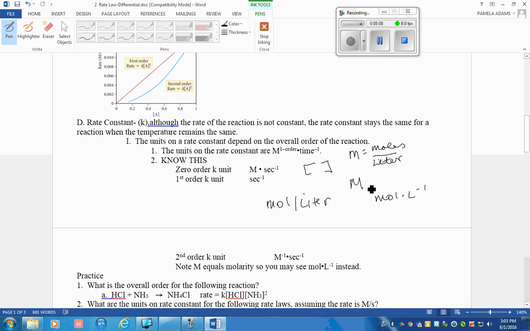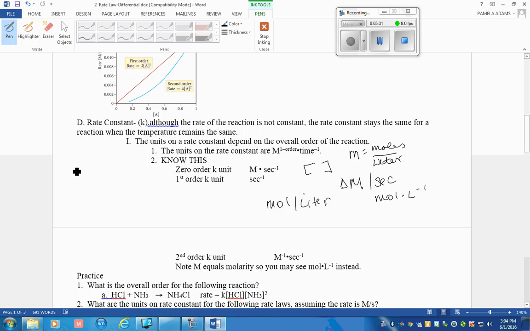Right? A rate is the change in concentration, so that would be change in molarity per unit time. Mostly, these are in seconds. So by knowing the rate law constant unit, you can tell a lot about the order of the reaction. So this is how it works.